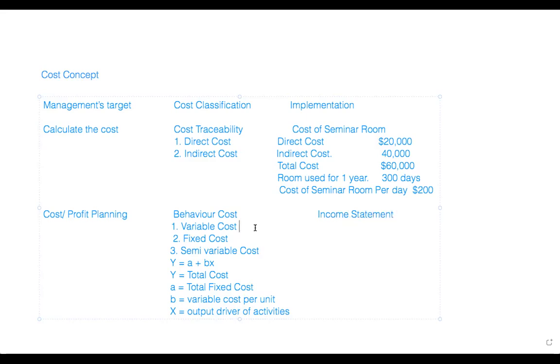For example, the sales in the company are around 120, and the variable cost could be 50,000, right? So we get the contribution margin.